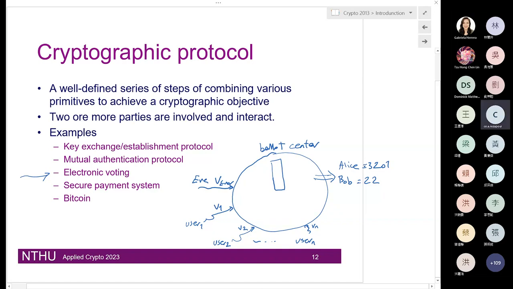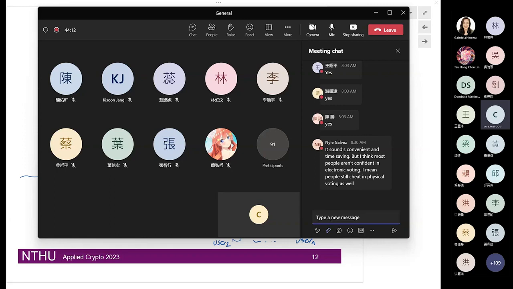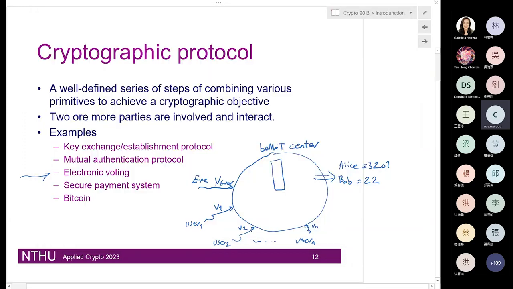I'm sorry. We can ensure that the entire voting system would hold in cases where we have an active attacker, such as what we have here, like Eve, who tries to put a new or malicious vote into the system to change the ballot. But also, we always trust the centralized unit over here.